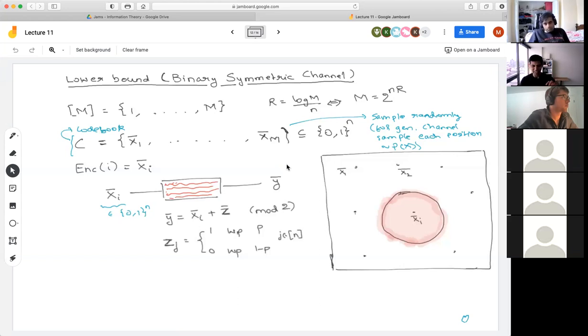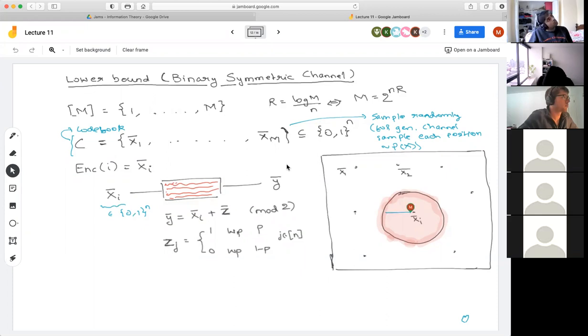Either we think of a geometric space where we have all bit strings of length n, and we start with a string xi bar, which we were trying to send. xi bar itself is a sequence of n bits. Then we take a small ball around it of roughly radius p times n.